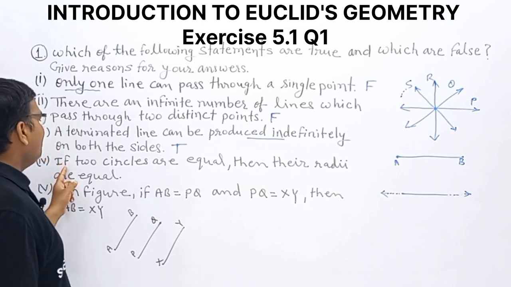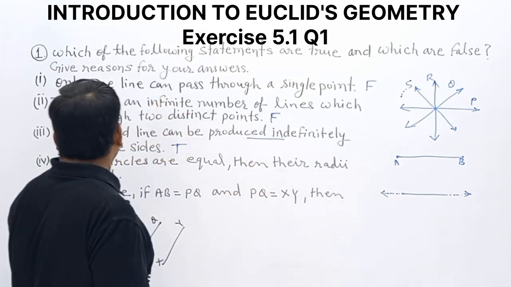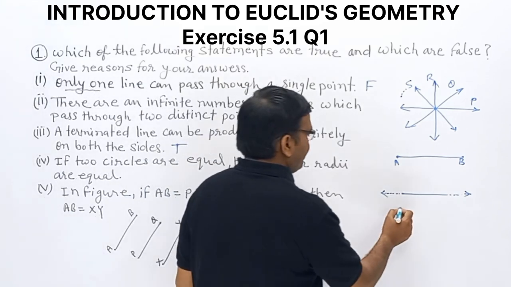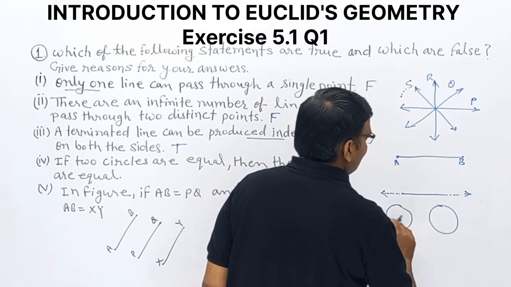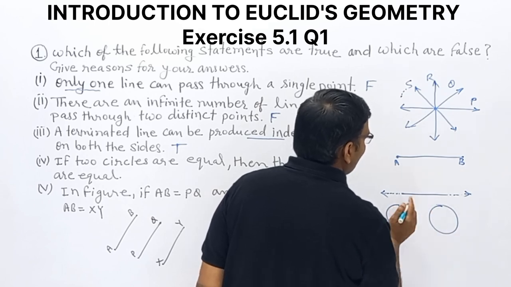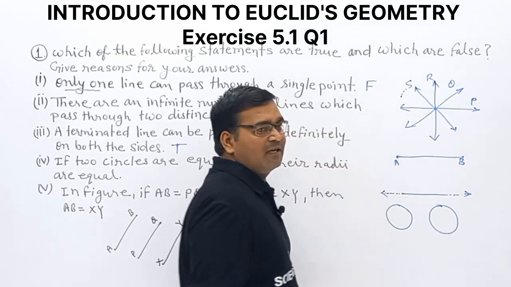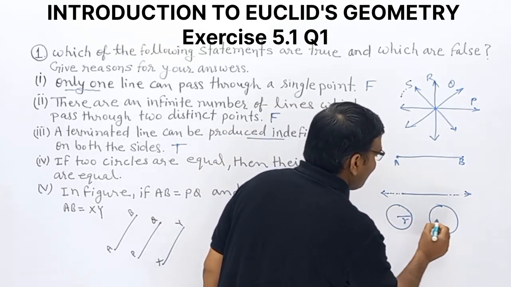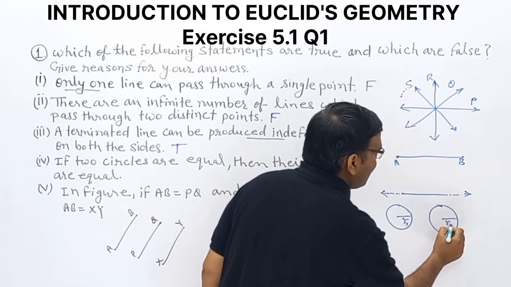Now the next one. If 2 circles are equal, then their radii are equal. Take 2 circles. Both circles are equal. It means the radius of one circle is R1 and the radius of the other is R2.